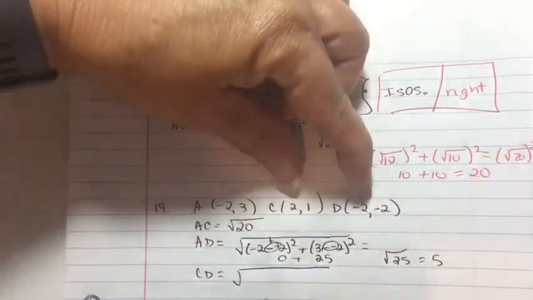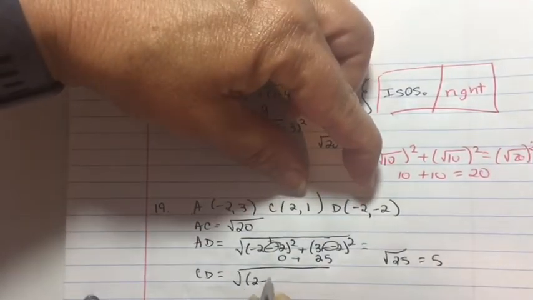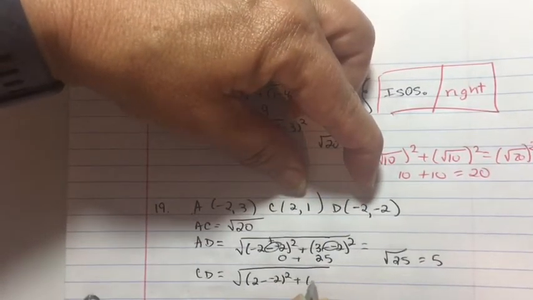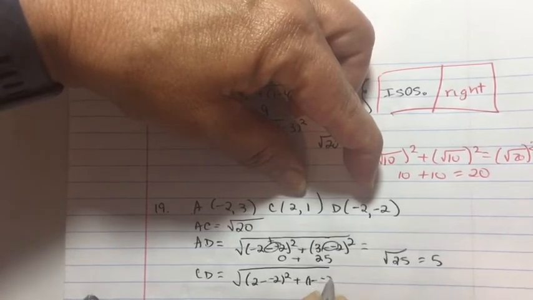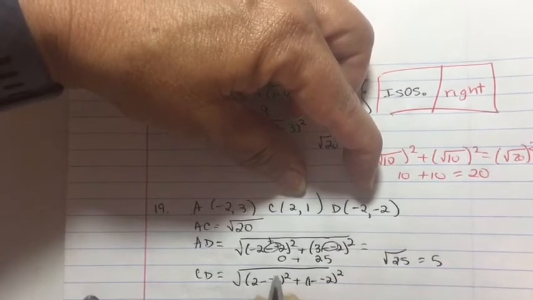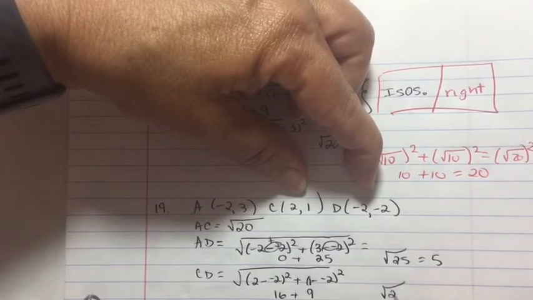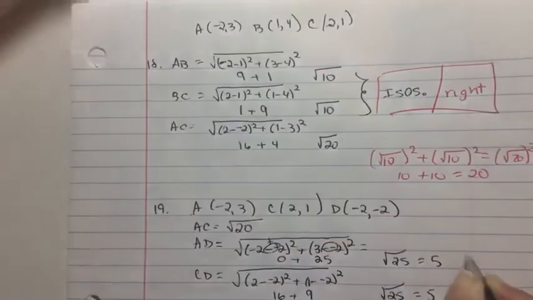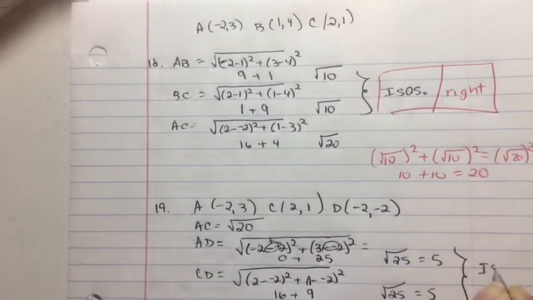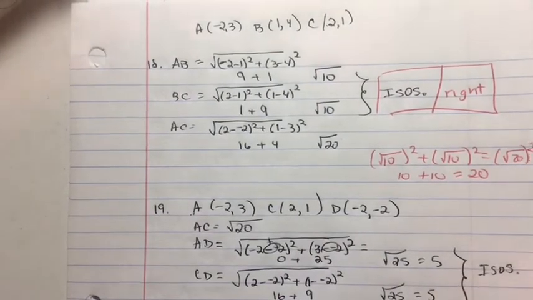From C to D, 2 minus -2 squared, and 1 minus -2 squared. This is a 4 squared, and this is a 3 squared. Also the square root of 25. So these two equal sides make it isosceles.